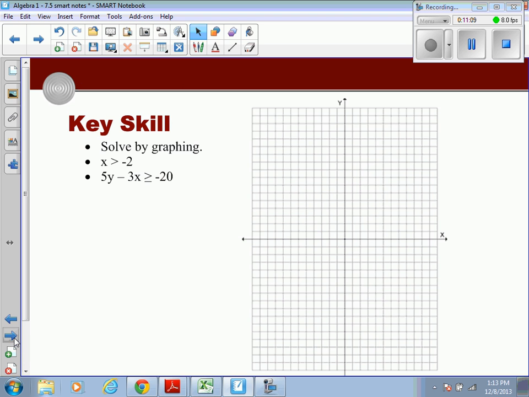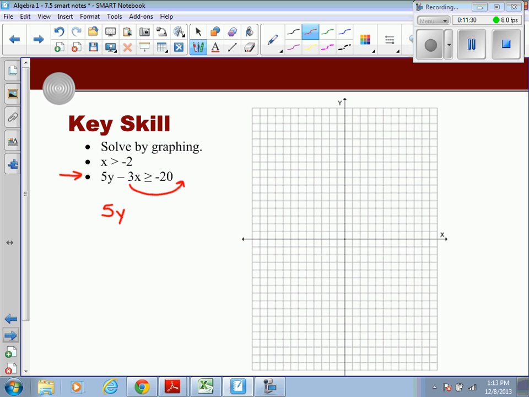Now we're going to do one example here. And this is a great example because the second inequality given to us right here is not in slope-intercept form. So that's going to be the first step. I'm going to rewrite this into slope-intercept form. So I'm going to move the 3x over, change sides, change sign.